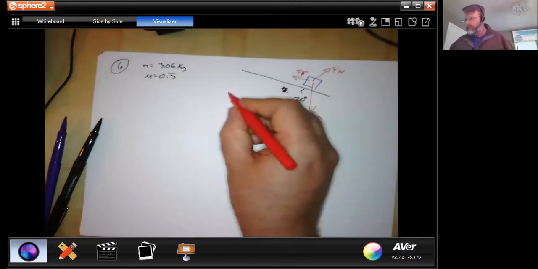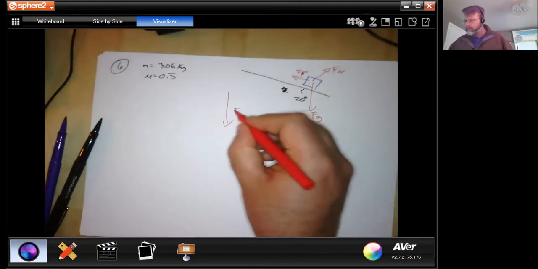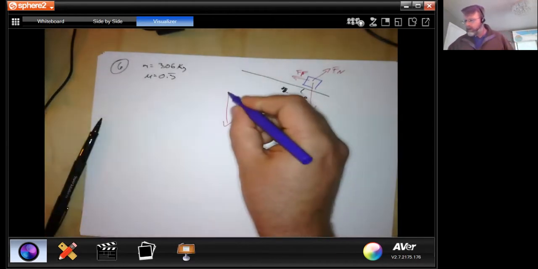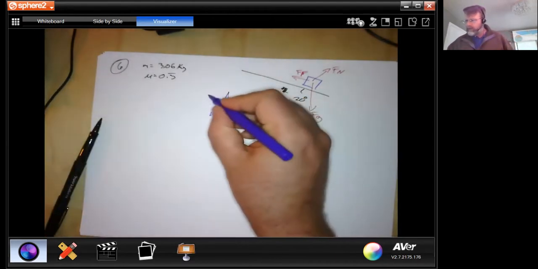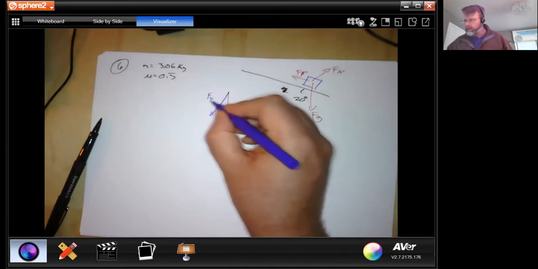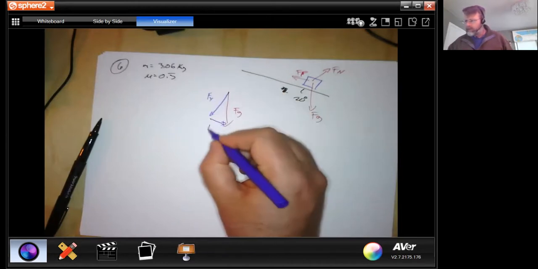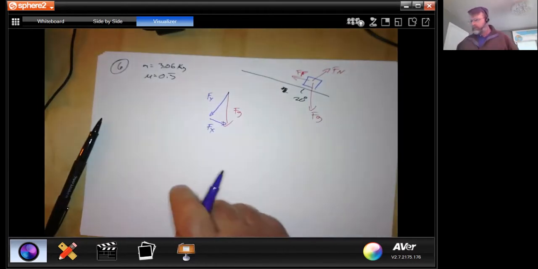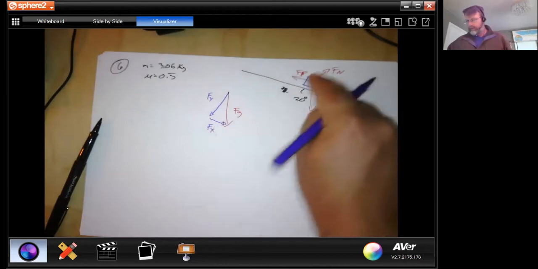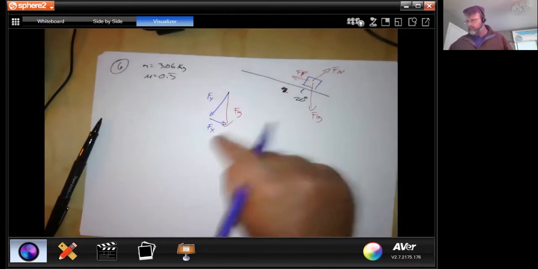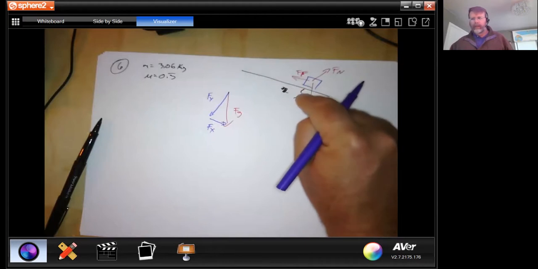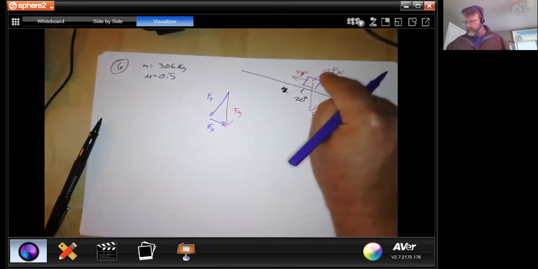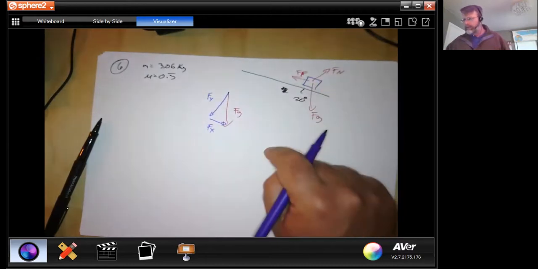So let's pull out the force of gravity very quickly and resolve those forces. We're going to have an F of the y, and we're going to have F of x. These are in the same direction, maybe not equal. As long as this is not a snowbank or it's not on a spring or anything like that, this and this are going to end up being equal and opposite.